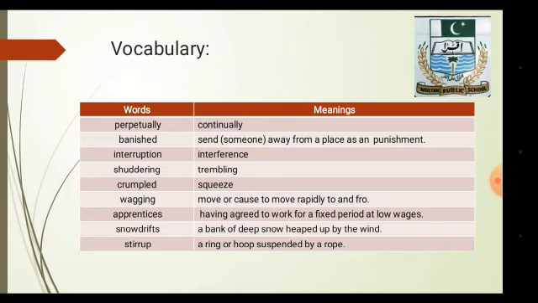Interruption, interference, shuddering, trembling, crumpled, squeezed, wagging, move or cause to move rapidly to and fro. Apprentices, having agreed to work for a fixed period at low wages. Snowdrifts, a bank of deep snow heaped up by the wind. Stirrups, a ring or hoop suspended by a rope.